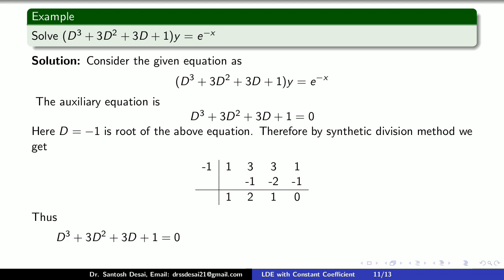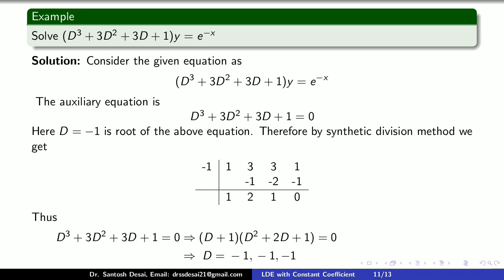So therefore the cubic equation can be written as the product of a linear and a quadratic factor. Linear factor is d plus 1 and quadratic factor is d square plus 2d plus 1. Now simplifying this we get d is equal to minus 1. Now the second term is d plus 1 bracket square. So we get minus 1 and minus 1 as the repeated root.